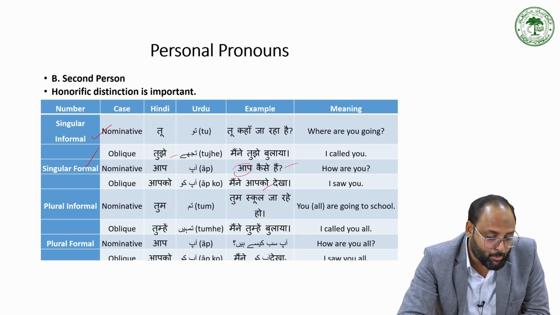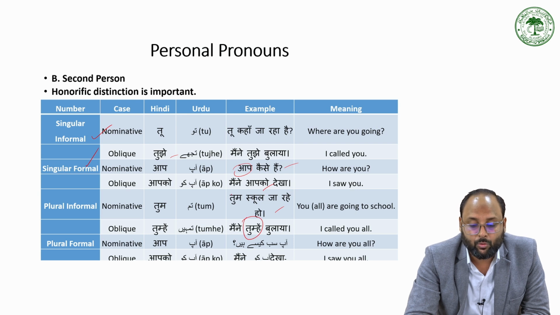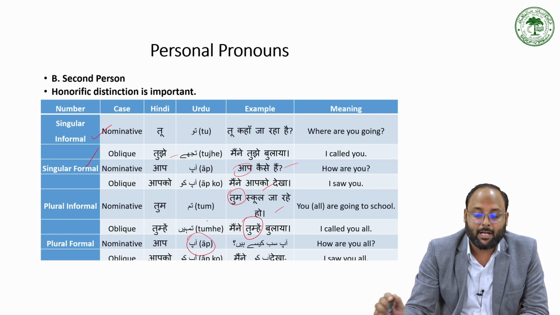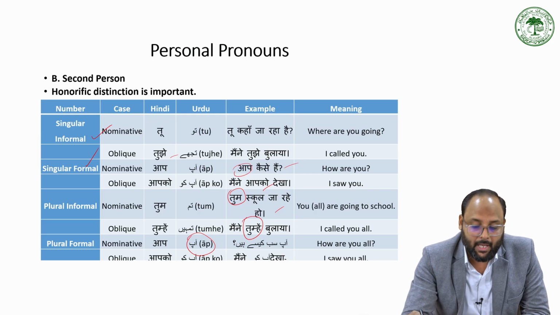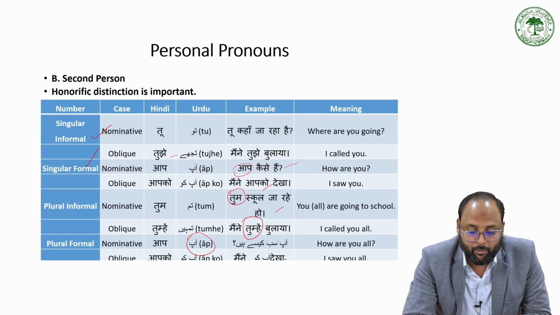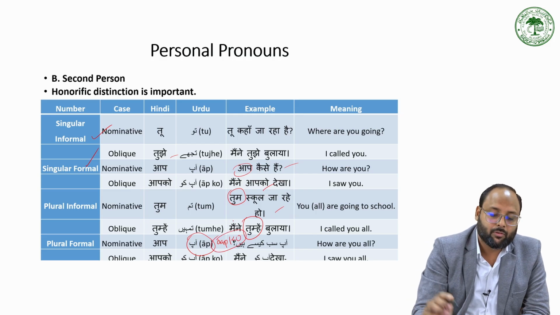And for plural informal, like तुम स्कूल जा रहे हो, and for oblique, मैंने तुम्हें बुलाया. That is the oblique of तुम. And for plural formal nominative, we are using आप, like आप सब कैसे हैं, and मैंने आपको देखा, so it becomes आपको. So for oblique we are using आपको. That is the oblique form of plural formal.